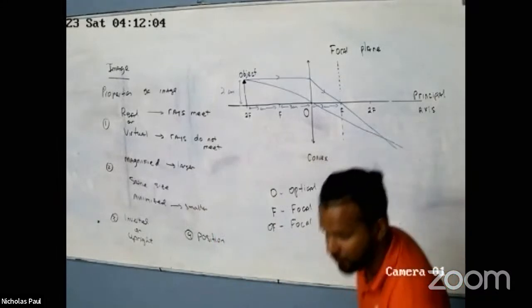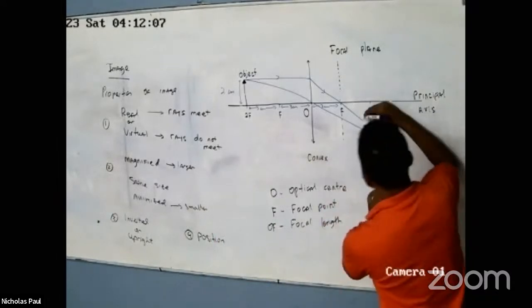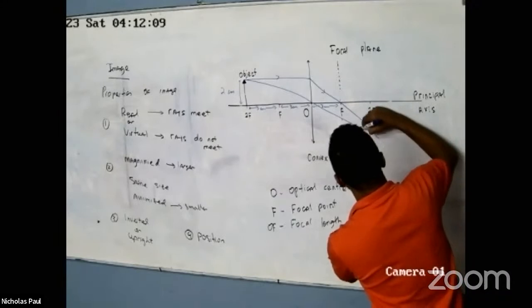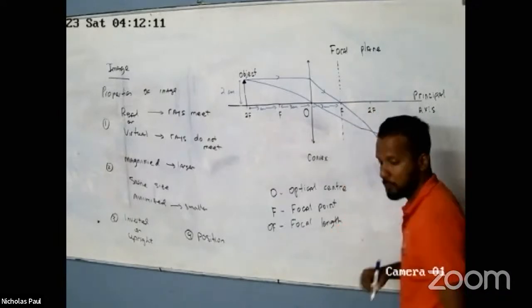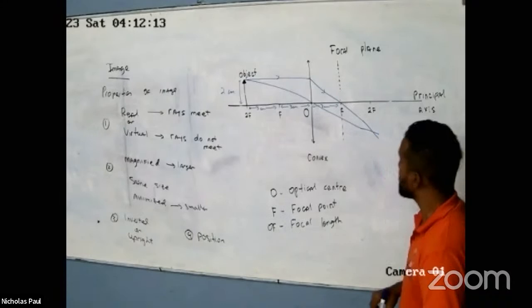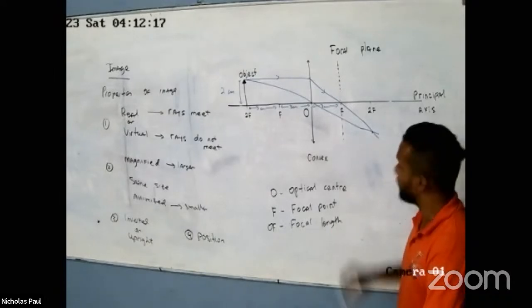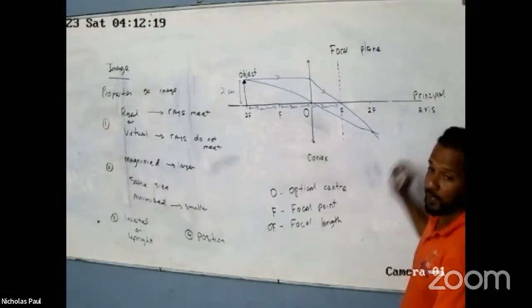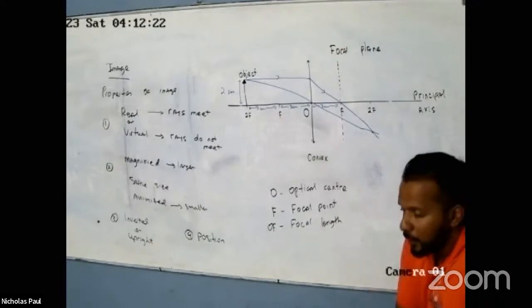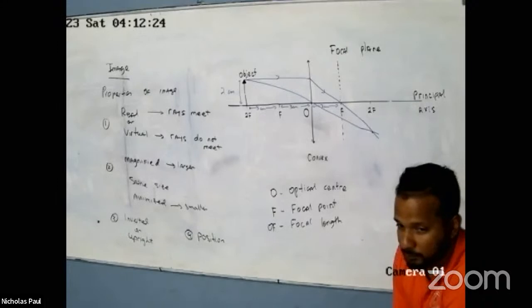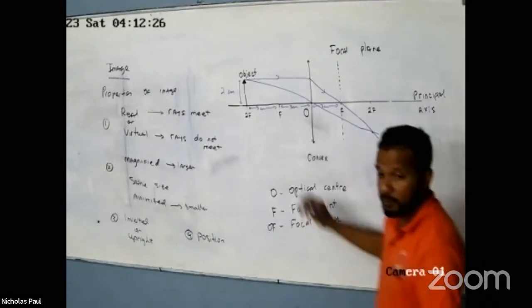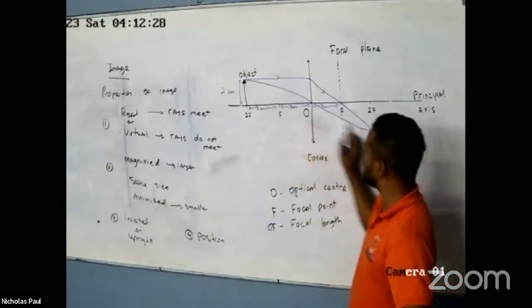I'm just going to cheat a little bit, right? Mine's not as exact as yours. It is supposed to meet here. I cheat right here because mine meet too fast. I know where it's supposed to meet. So you draw it from the top through the optical center.